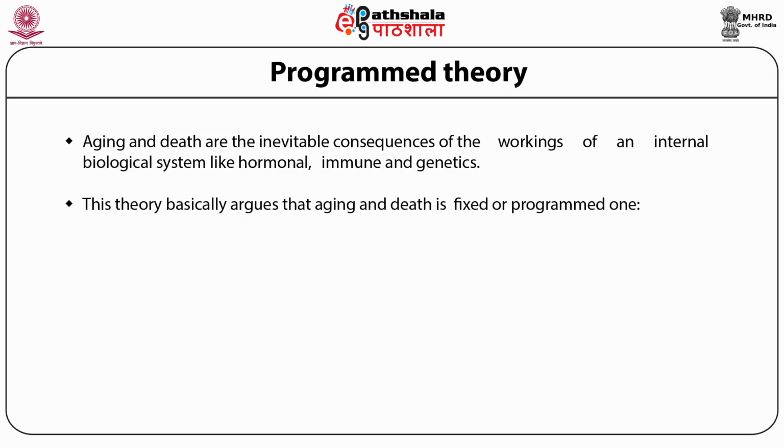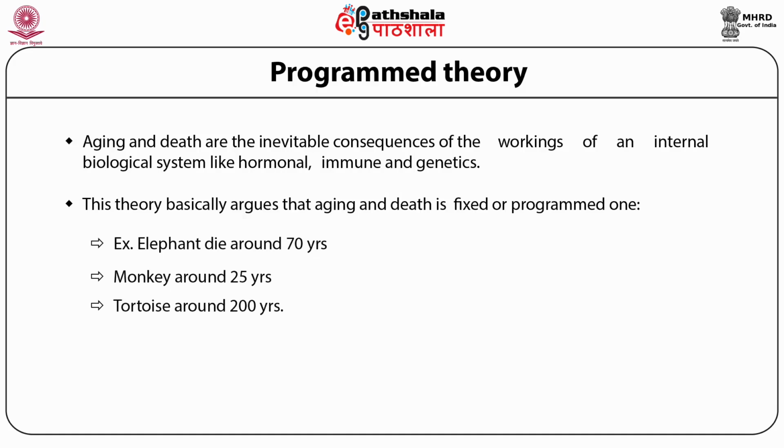The best example that can be cited for the above hypothesis is the great deal of variation in lifespan between species. Elephants die around 70 years, monkeys around 25 years and tortoises around 200 years. Though environmental modification like nutrition and mental care shows variation to a certain extent in the life expectancy of an individual, the lifespan within a species is fairly constant.